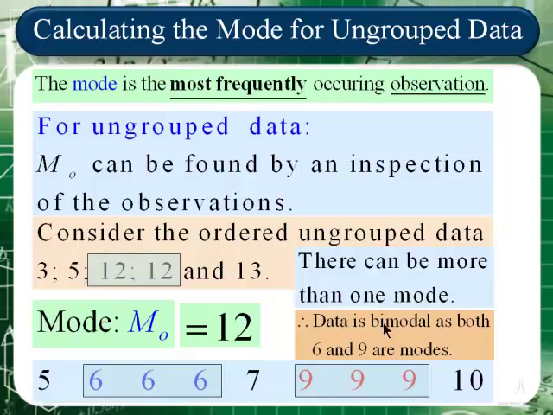So this data is bimodal, as both 6 and 9 are modes for this data set. Think in terms of a dot plot: you will get peaks in the dot plot when the observation is 6 or 9.